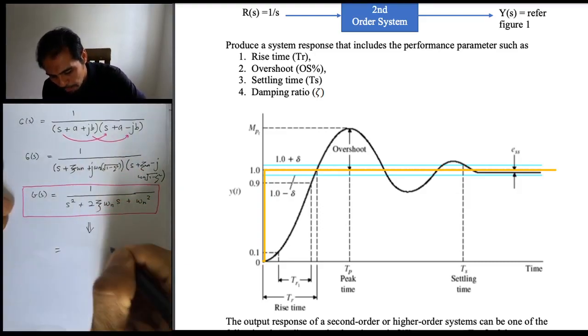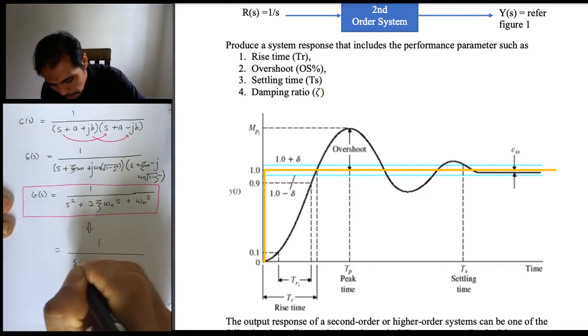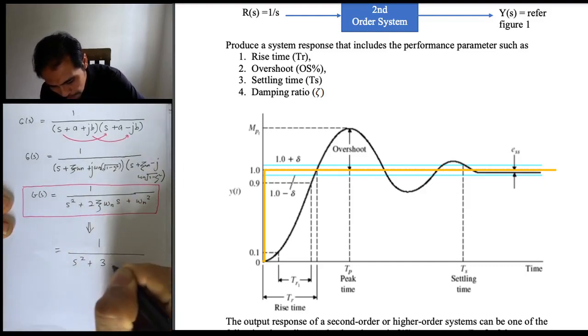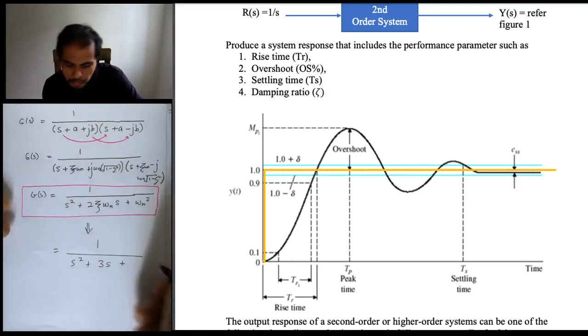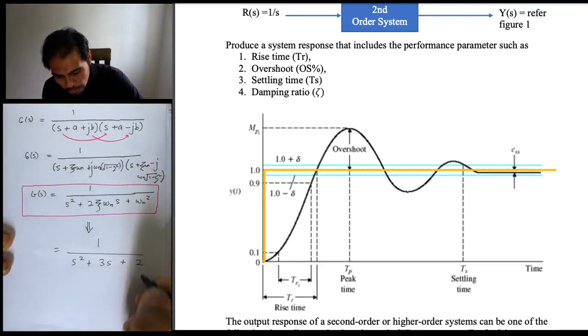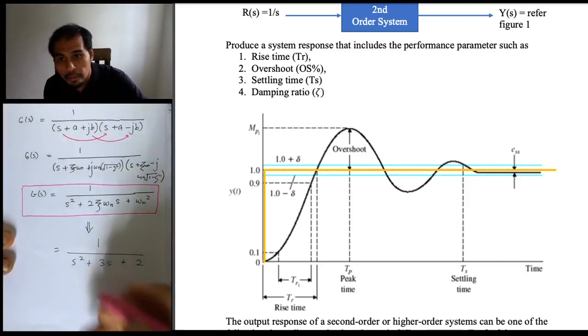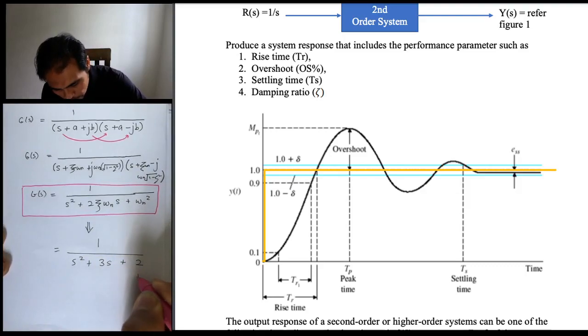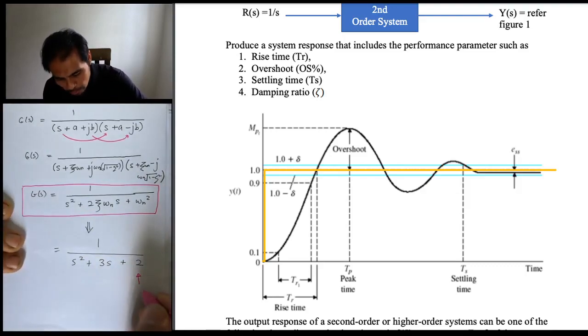Meaning that if we have 1 over S squared plus 3S plus 2, we know that 2 is actually our omega n squared. Okay, so we can find the natural frequency. This is omega n squared.